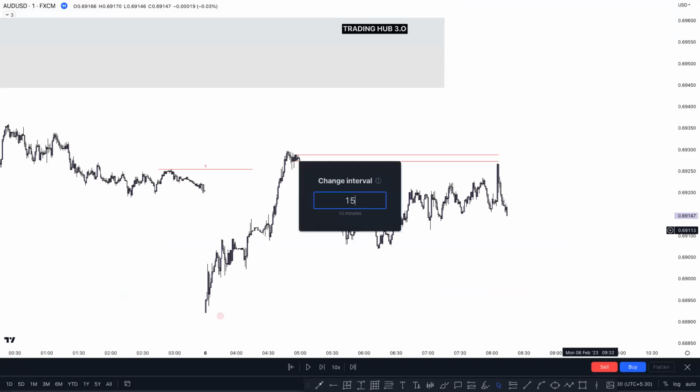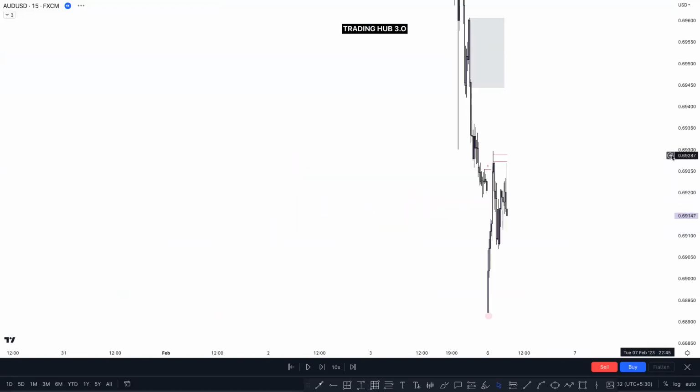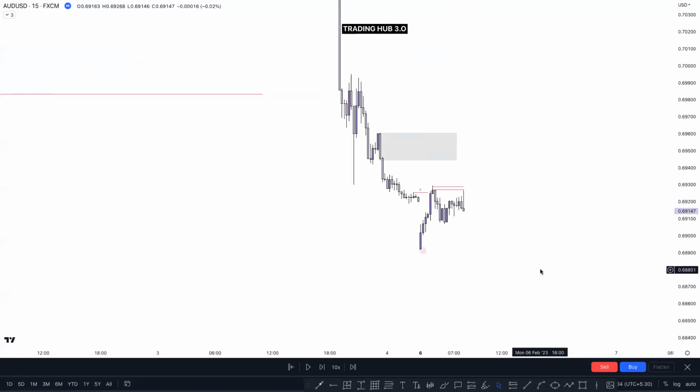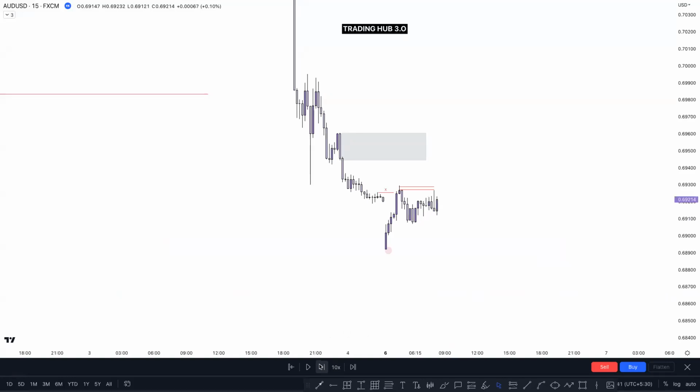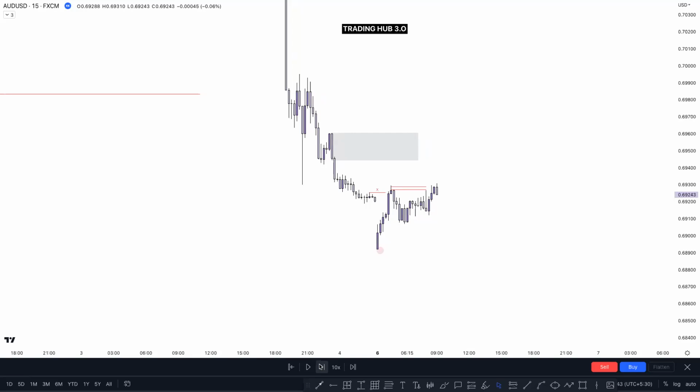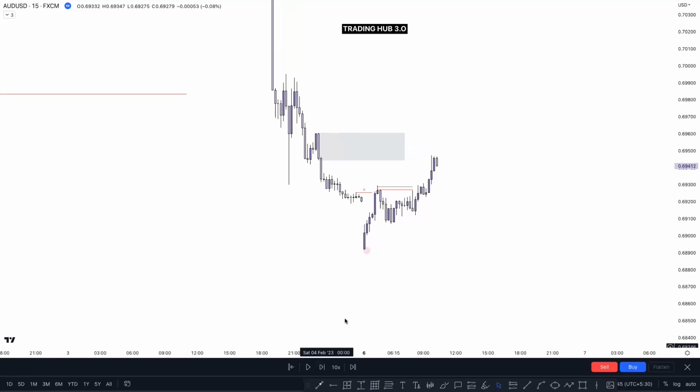Now switch again here to the 15-minute time frame. Okay, and let's see, you have to wait for it to mitigate your POI zone, right? So this one is your POI, right? So once the market taps on your 15-minute POI, then you can sell here based on the 1 minute time frame, based on lower time frame confirmation.